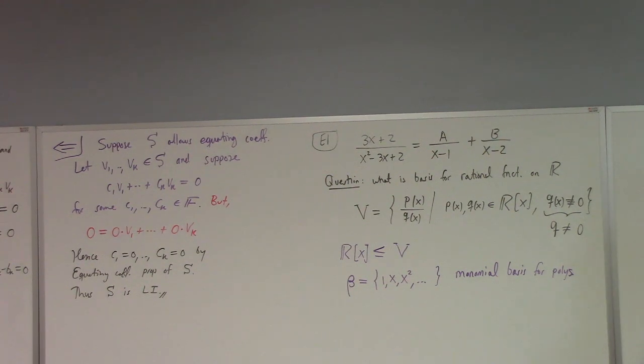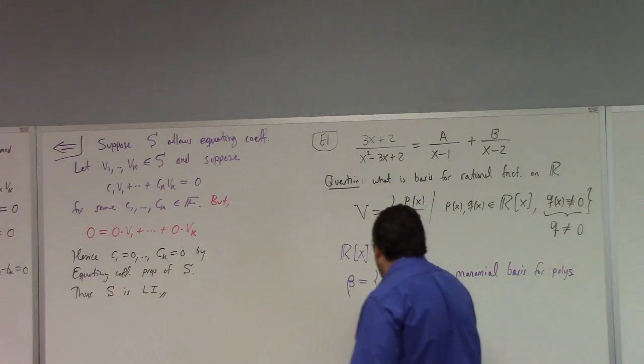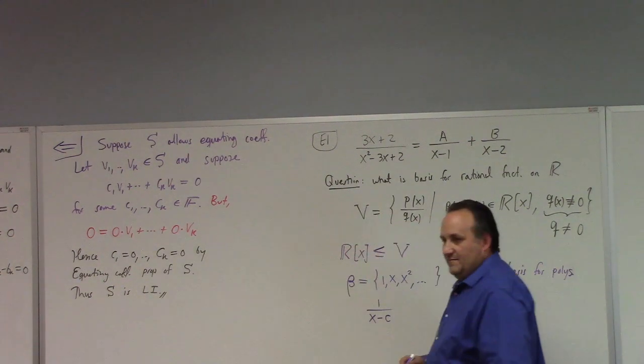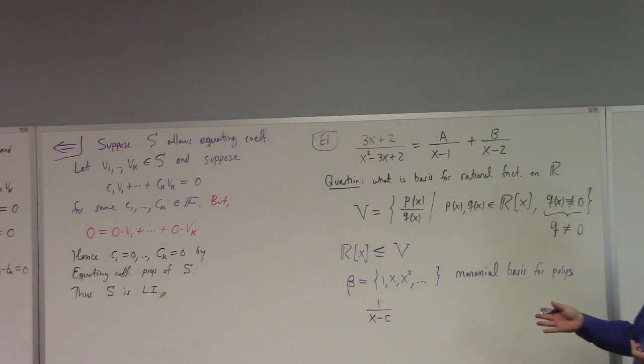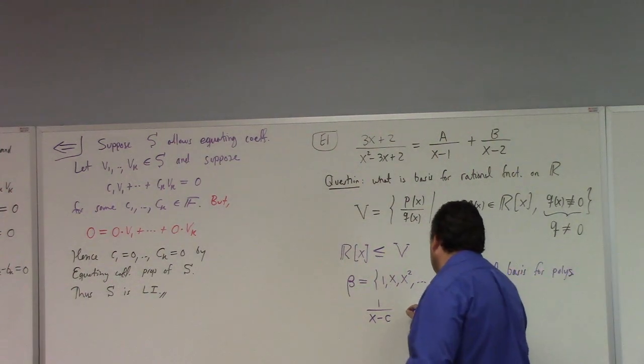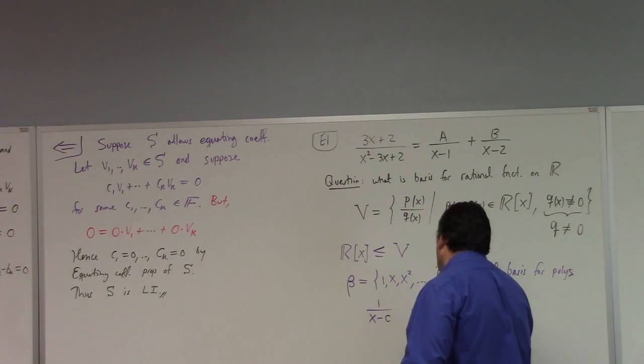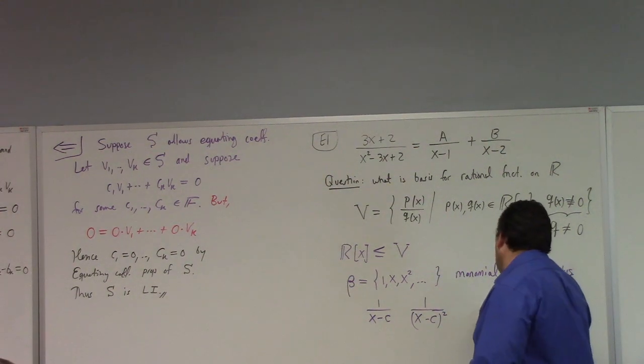You also need things of the form like 1 over x minus a constant. Any choice of constant, you need those. And you also have things like this, in fact, generally speaking, like this.